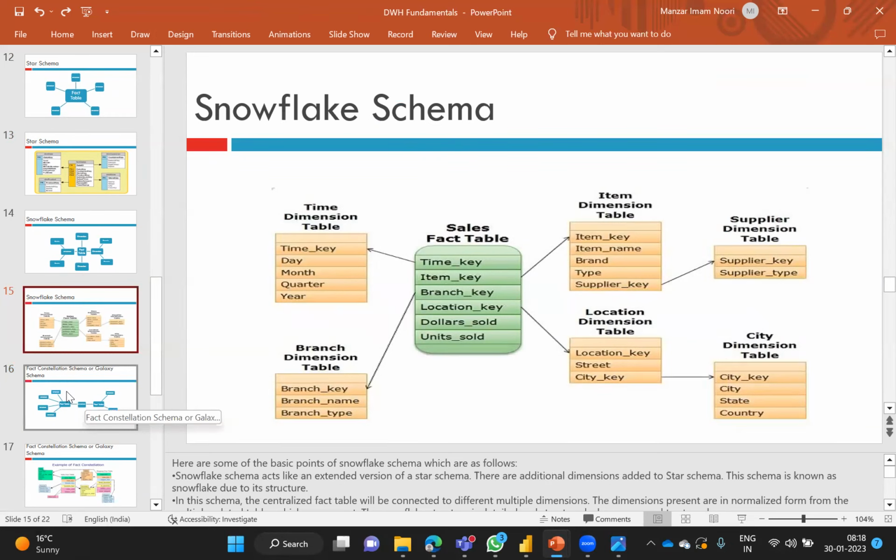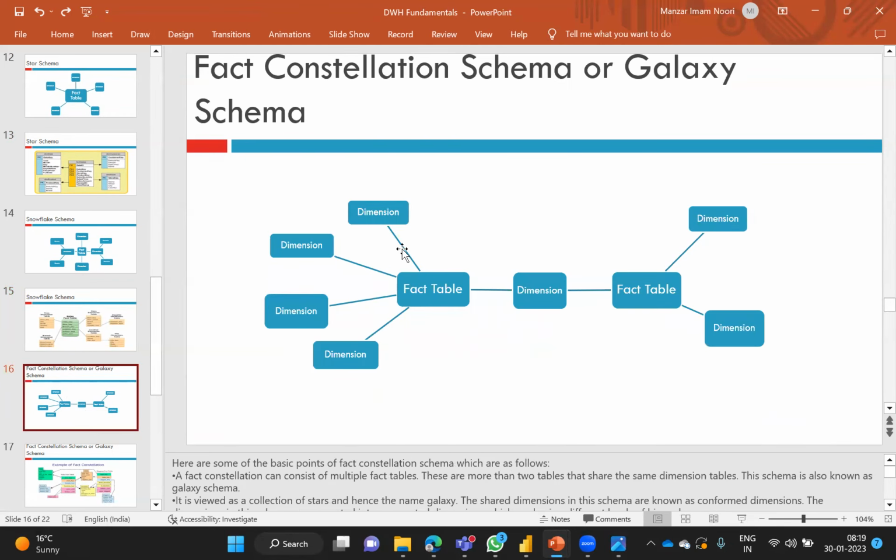But when we go for the constellation schema, that means you have two different fact tables. You have two different measures. Maybe you have sales, maybe you also have budget, or something else connected, which are connected to each other, right?